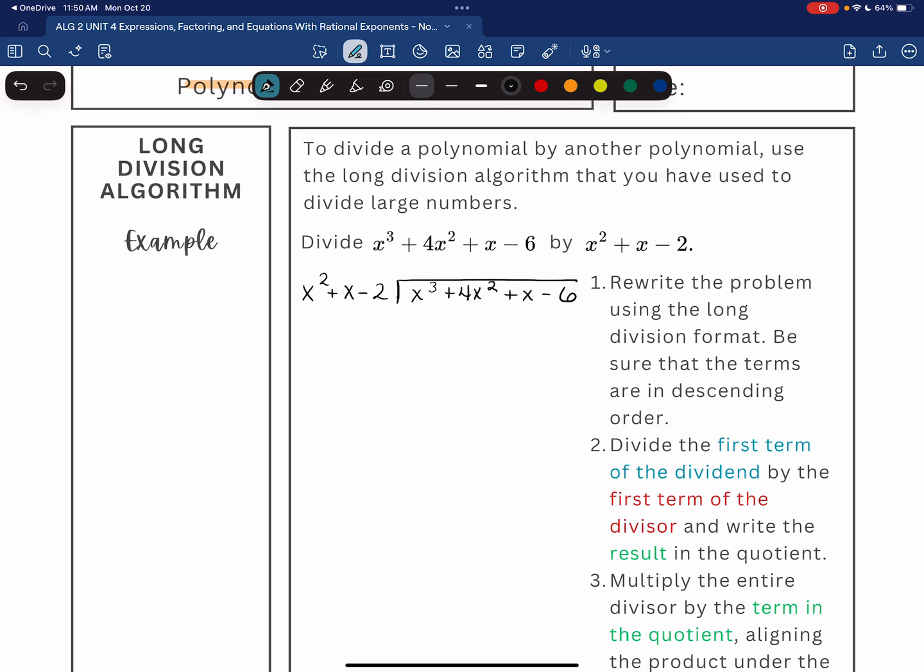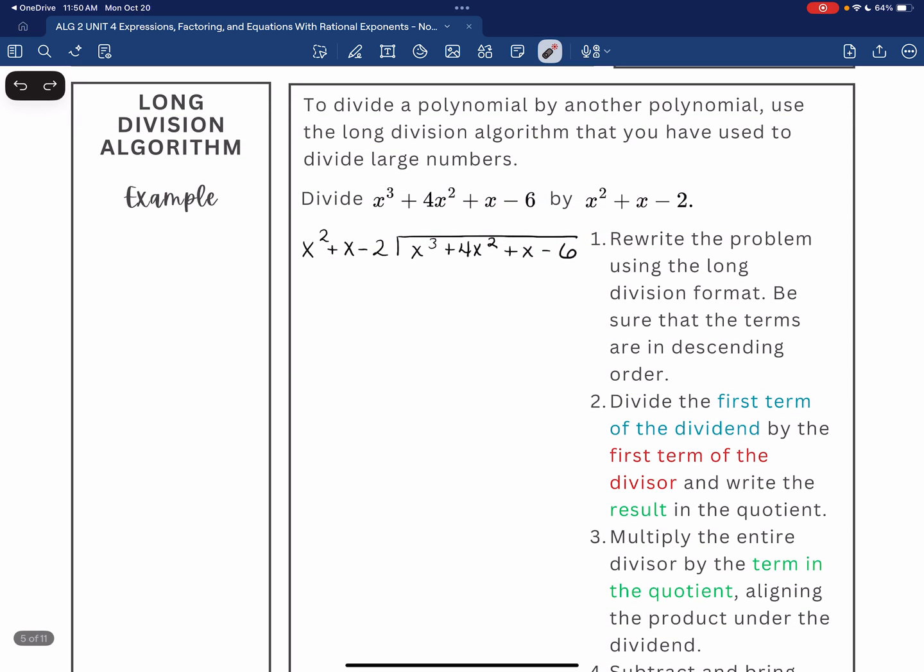So outside is our divisor. It's what we're dividing by. And inside is the dividend. And the answer is what's going to be up here on top. That's called your quotient. So we rewrite the problem using the long division format.